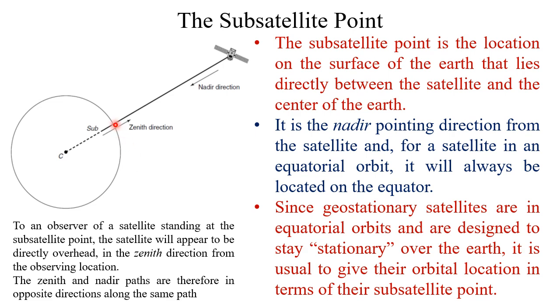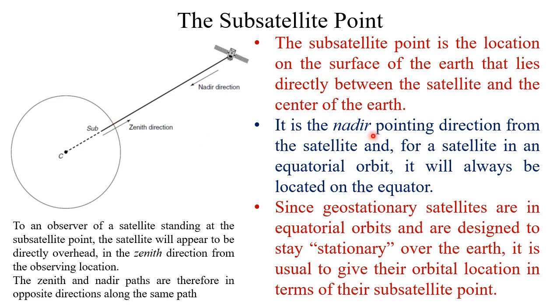If we consider a LEO satellite or MEO satellite, their position with respect to Earth's surface is changing all the time, right? So for those satellites, the subsatellite point is not a fixed point. It changes its position. So the subsatellite point is very important for geostationary satellites.